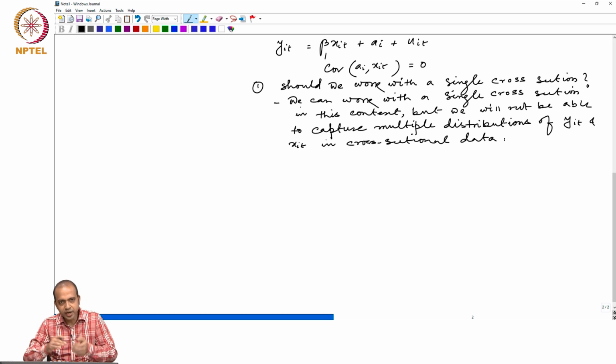Because of that, we still need to work with panel data, but fixed effect and first difference transformation will not work. We need a different model known as the random effect model.